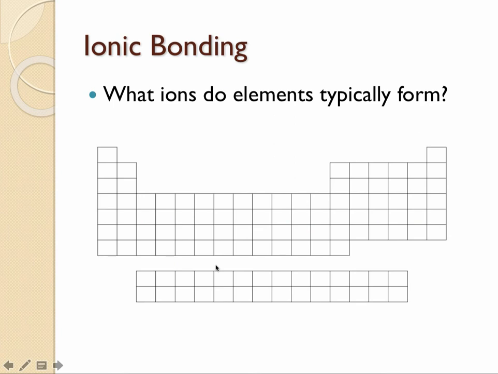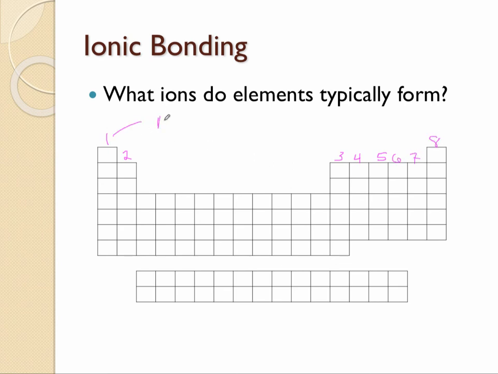So, how do we determine what ions elements are going to typically form when we're talking about ionic compounds? Well, earlier we had talked about valence electrons, groups 1, 2, 3, 4, 5, 6, 7, and 8.